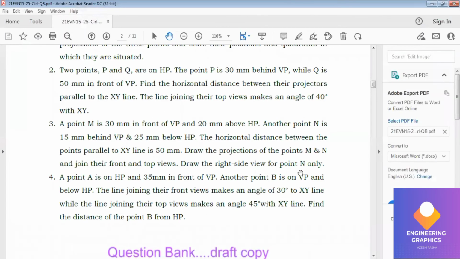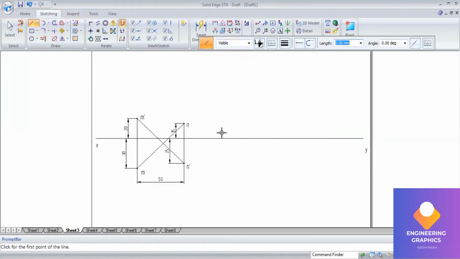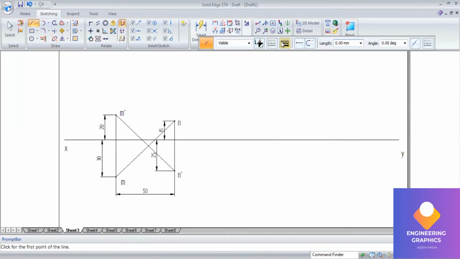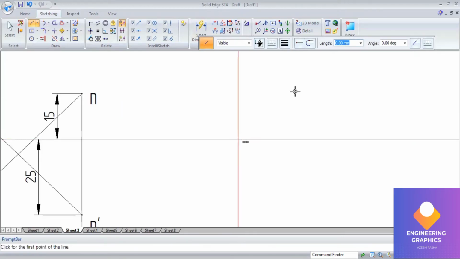Now you have to draw the right side view of point N. So here I will be drawing another x1 y1 line at some distance. This is x1 and this is y1. In the top view, that is N, here we draw a 45 degree angle line. You know that the 45 degree angle line should be drawn where we get the top view.